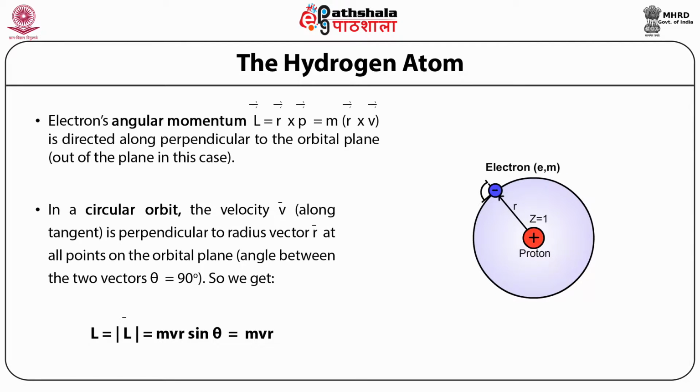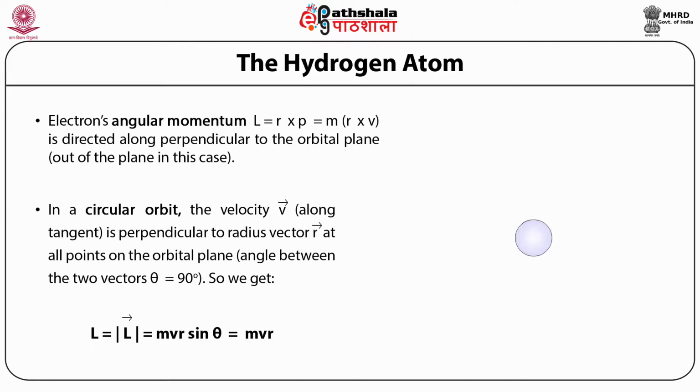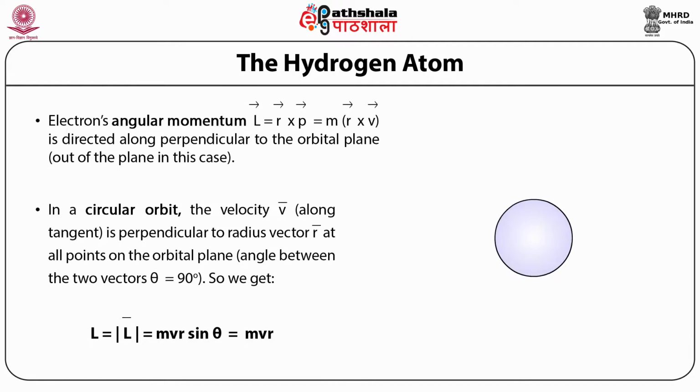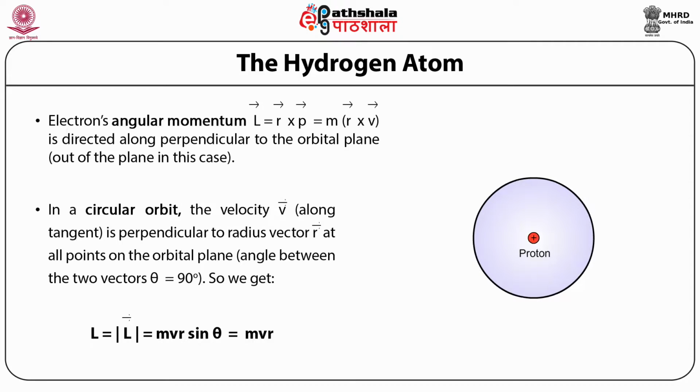Since the velocity is perpendicular to the radius, theta is 90 degrees, and therefore the magnitude of the angular momentum becomes equal to mvr. So this is the result to note: the angular momentum of the electron when it moves in a circle is equal to the mass of the electron multiplied by its speed multiplied by the radius of the circle. So L equals mvr.